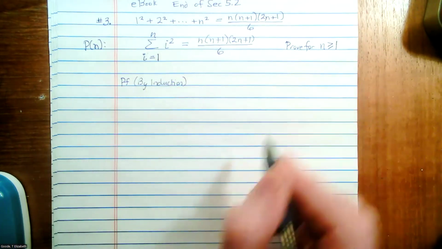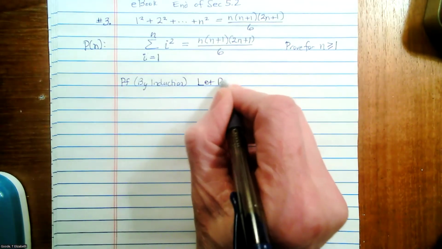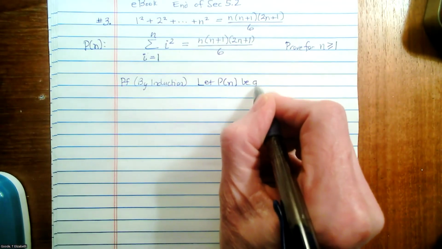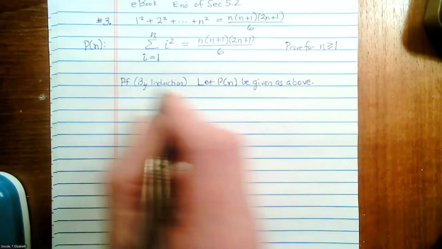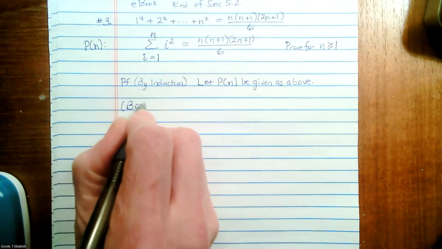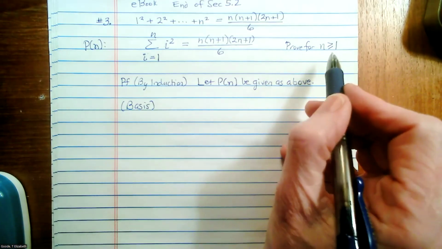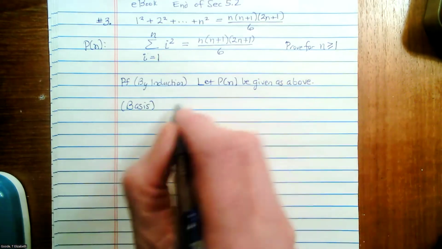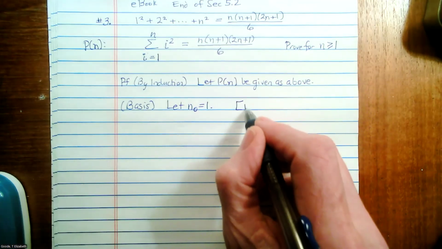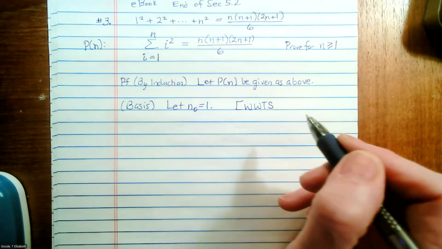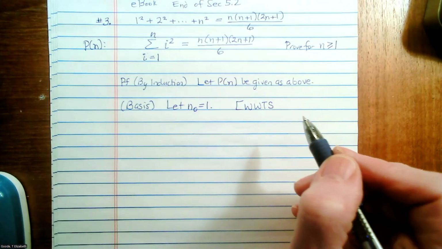So we'll say let P of n be given as above, so we don't have to rewrite it. Now we'll start the basis. We want to get on the bottom step of our stairway to heaven. So we're going to let n naught equal 1. We're always told where to start. What do we wish to show in the basis step? Anybody?